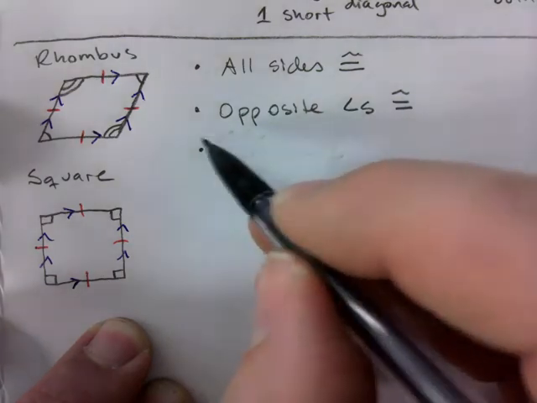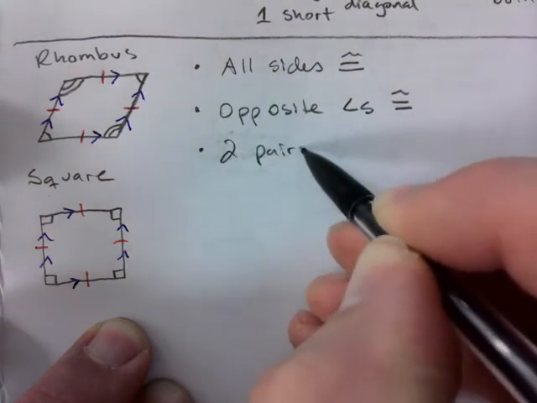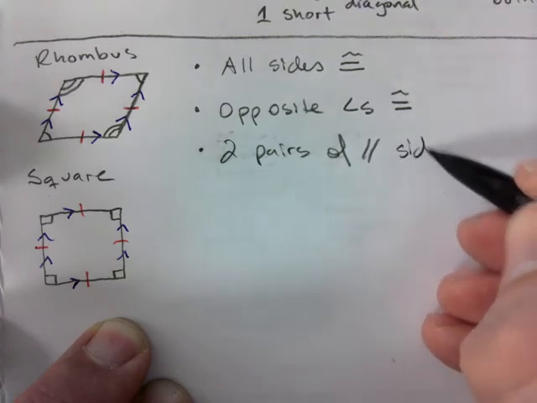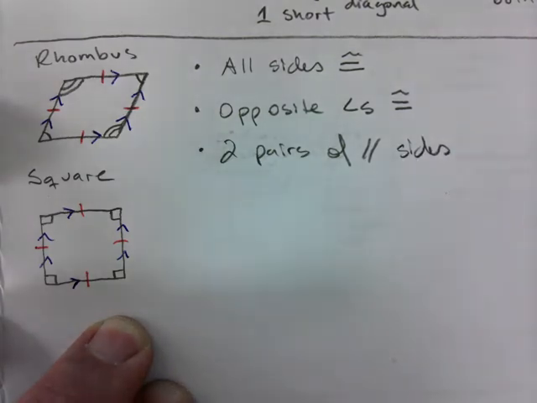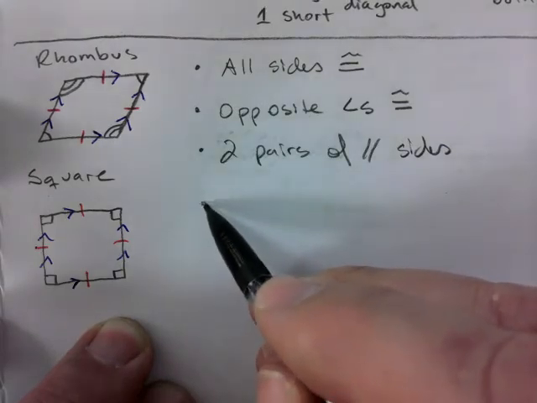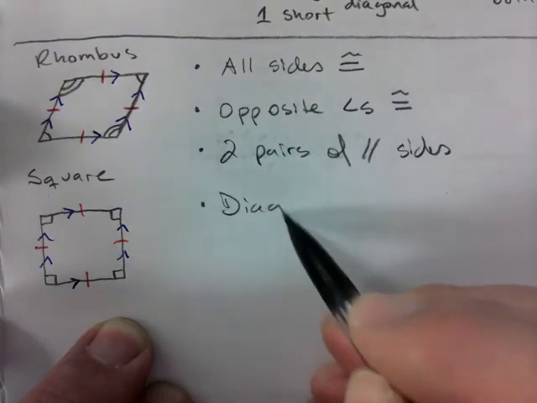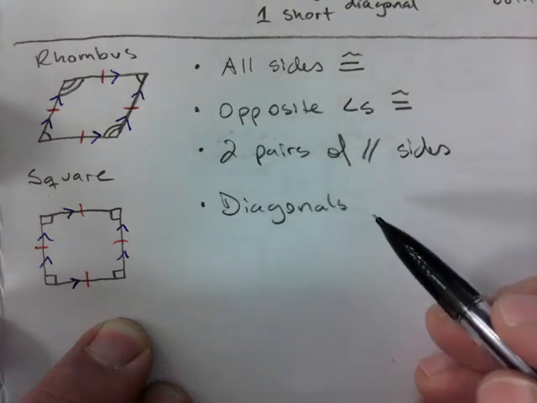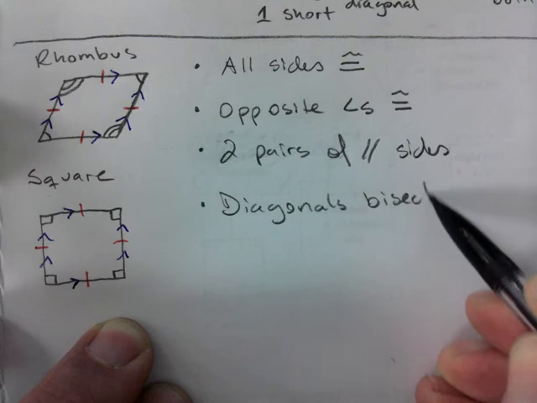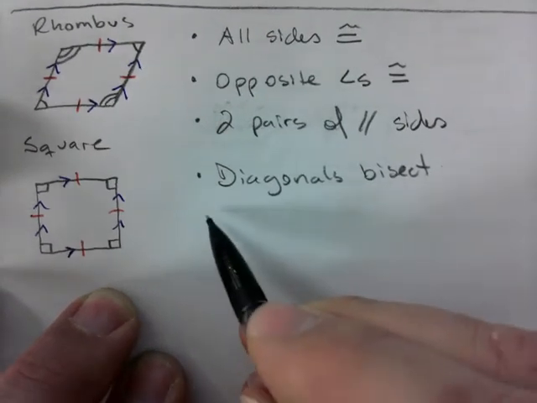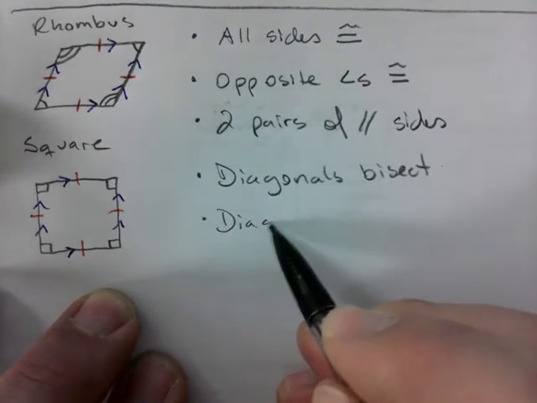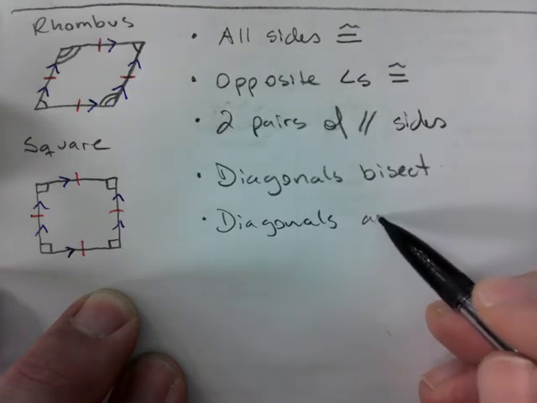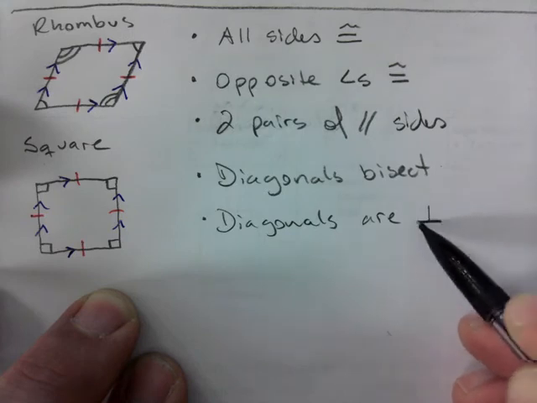Two pairs of parallel sides, and then here diagonals bisect. Bisect, and the next one is diagonals are perpendicular.